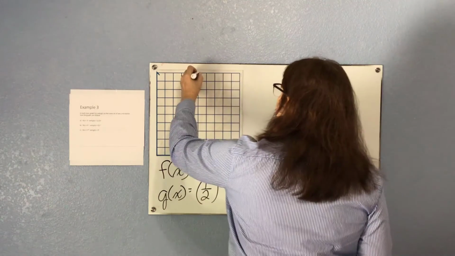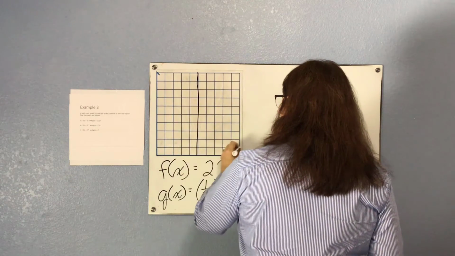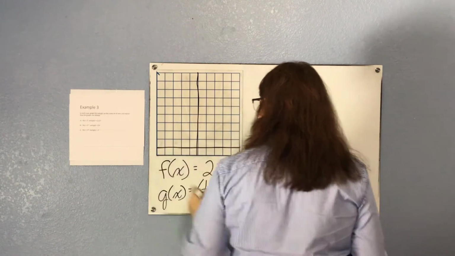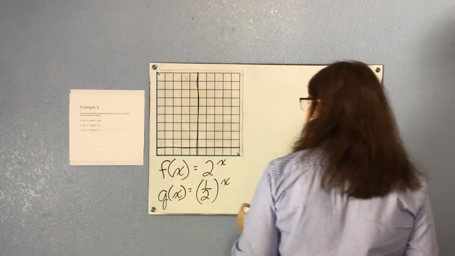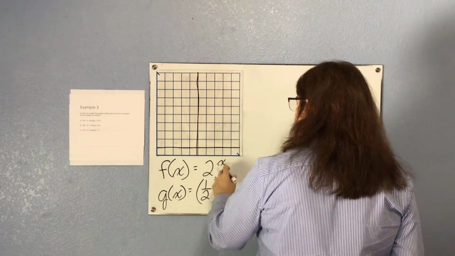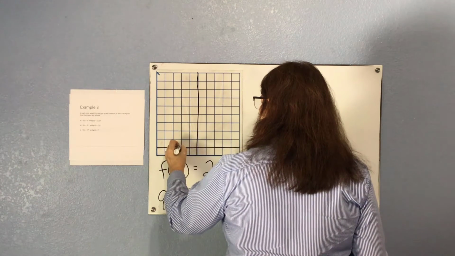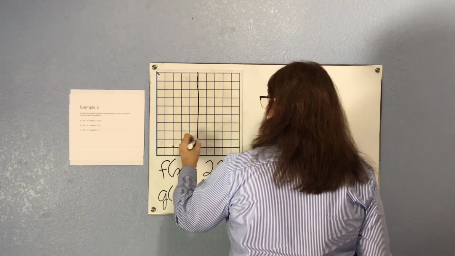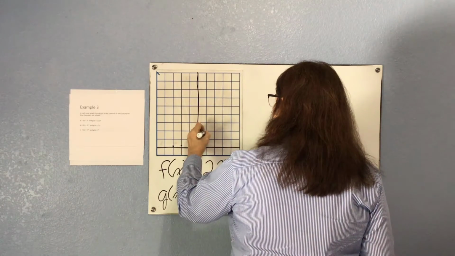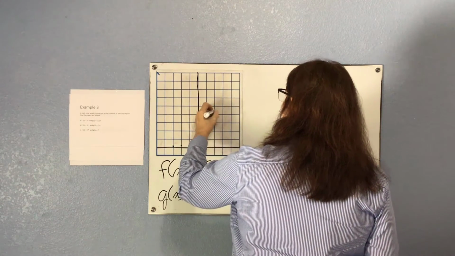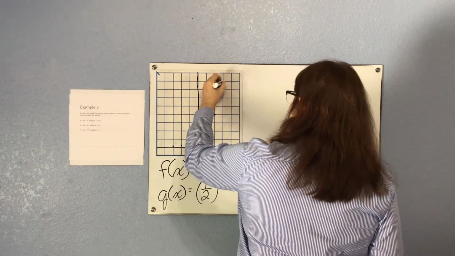Okay, we've already looked at both of these functions, but let's put them on the same graph. So this one is going to start at 1/8, 1/4, 1/2, 1, 2, 4, and 8.